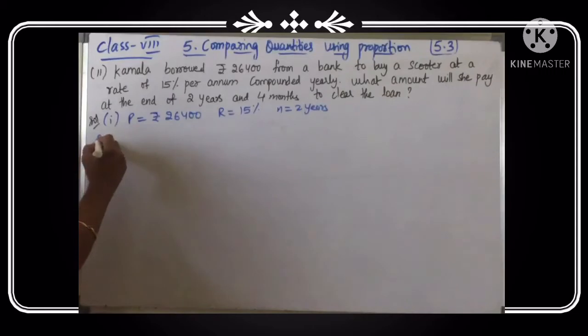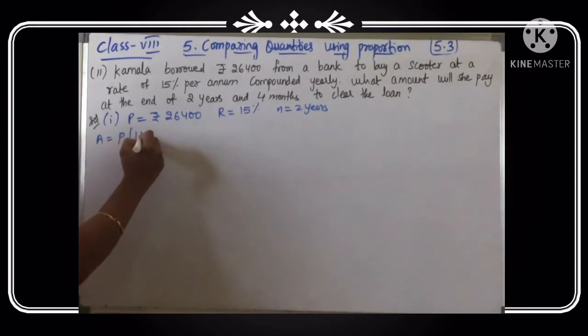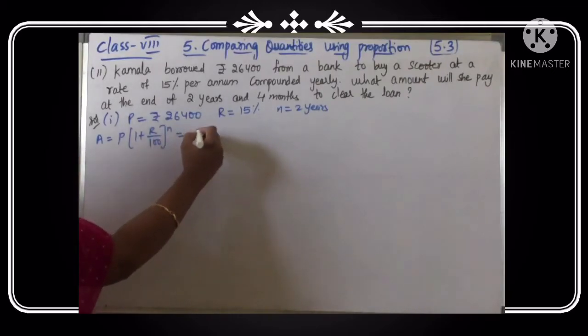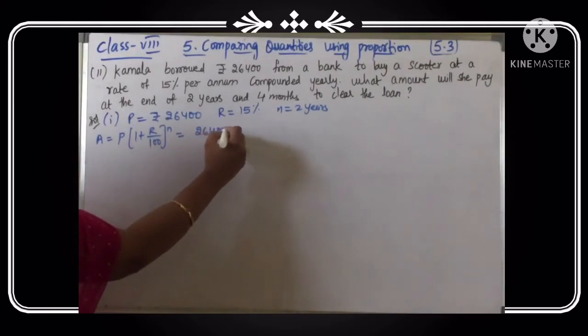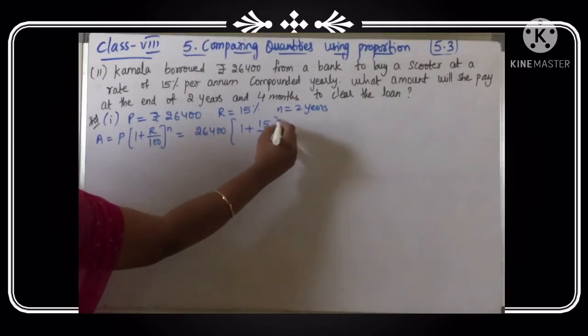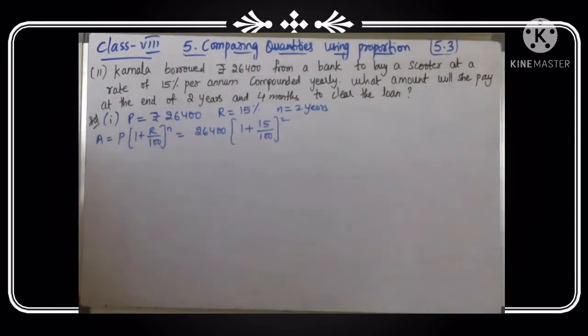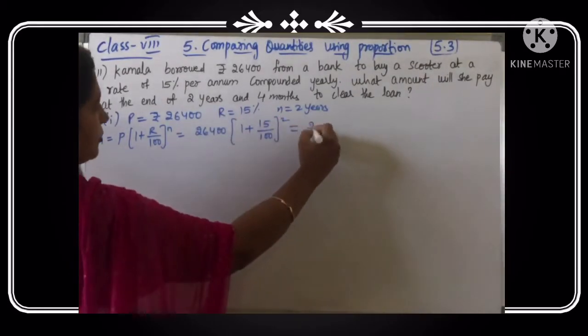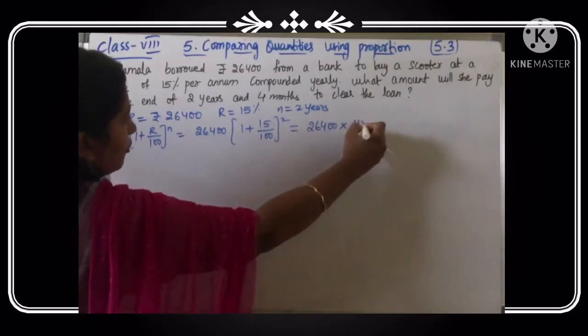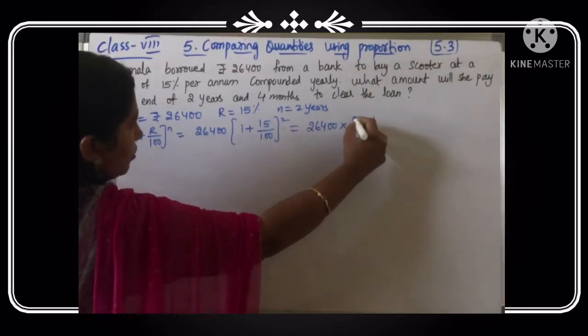So we use the formula A is equal to P into 1 plus R by 100 whole to the power of n. P is nothing but 26,400 into 1 plus 15 by 100 whole square. Okay, children. Now here take LCM. 26,400 into 100 plus 15, 115 by 100 whole square.